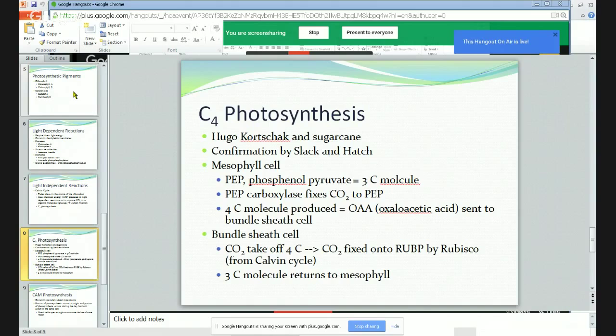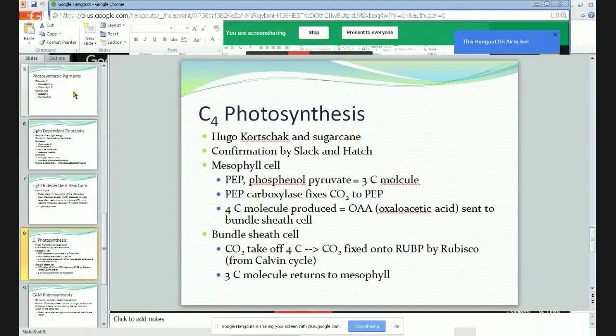So your C4 plants are going to have basically two different steps. You're going to have an intermediate step here in the middle in the mesophyll cell, in the stroma of the mesophyll. And in this case, I've written this down here for you, but we've got a PEP molecule, and it's going to go through a couple of processes before it gets into the Calvin cycle there.